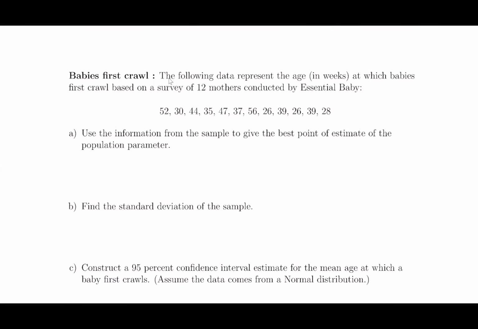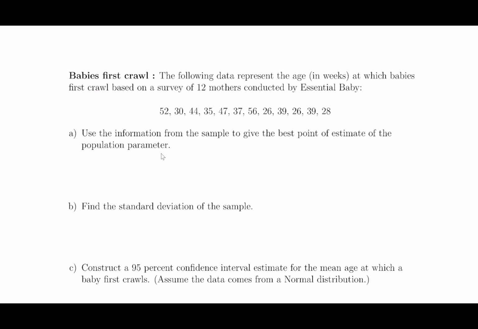So for this one, it says the following data represent the age in weeks at which a baby first crawled based on a survey of 12 mothers conducted by Essential Baby. So for this one we have 52 weeks, 30 weeks, 44 weeks, and so on and so forth. Part A is to use the information from the sample to get the best point estimate of the population parameter.